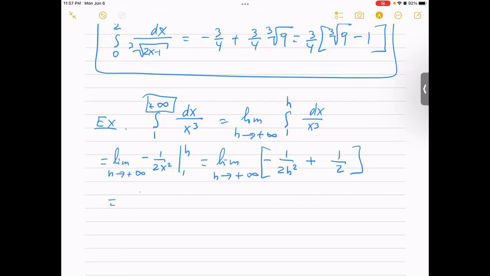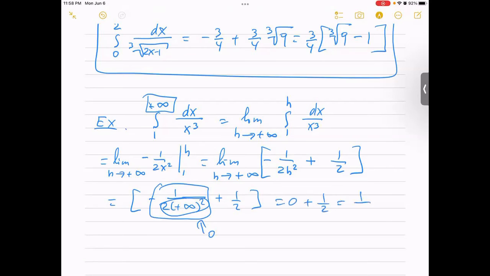We get negative 1 over 2 times plus infinity squared, that's what h is, plus 1/2. Notice that plus infinity squared is infinity, and infinity times 2 is infinity. So we take 1 and divide by a humongous number, so eventually it's going to be 0. That expression is going to be 0, so we get 0 plus 1/2. The final answer is 1/2 for this problem.